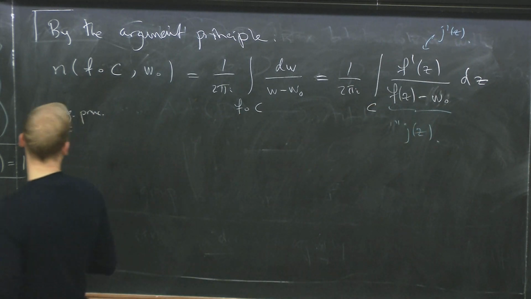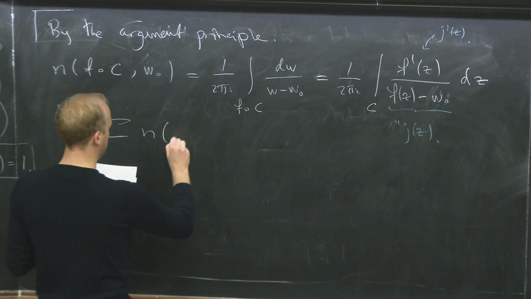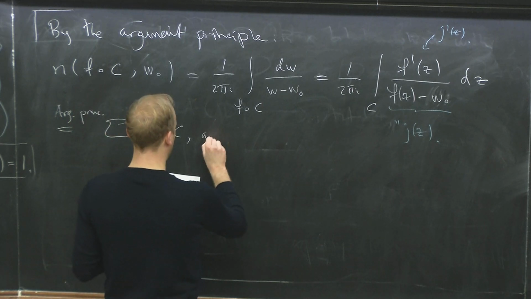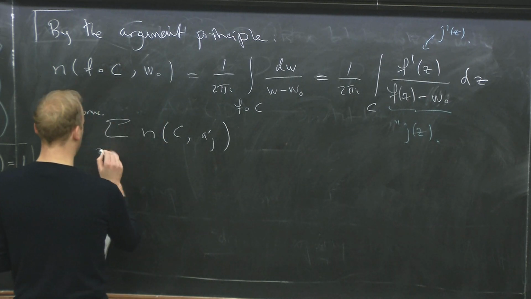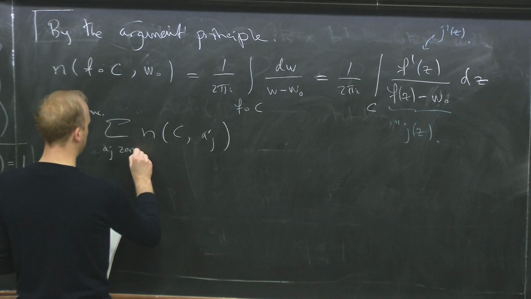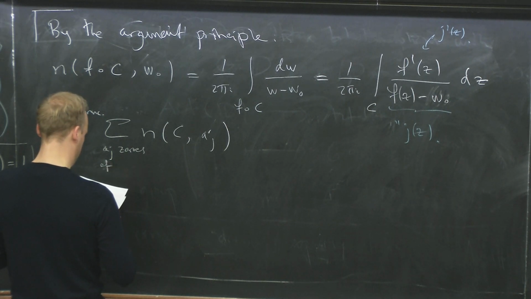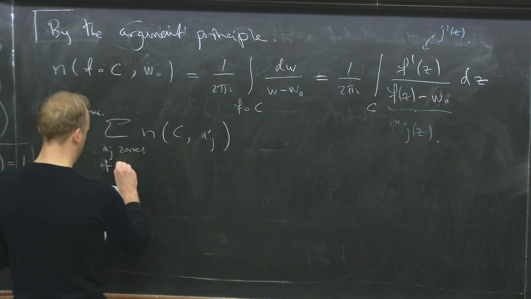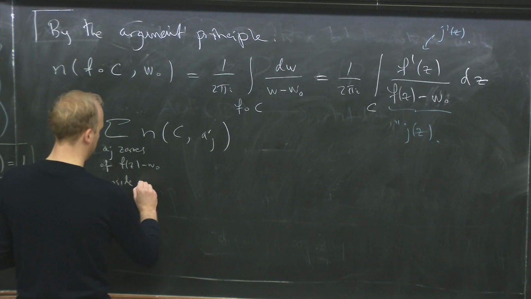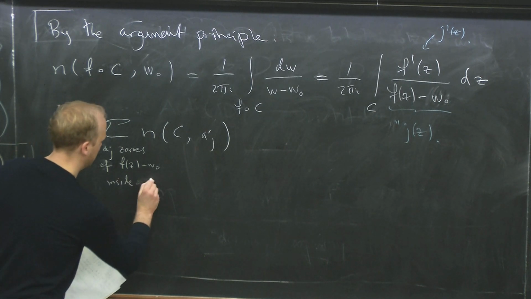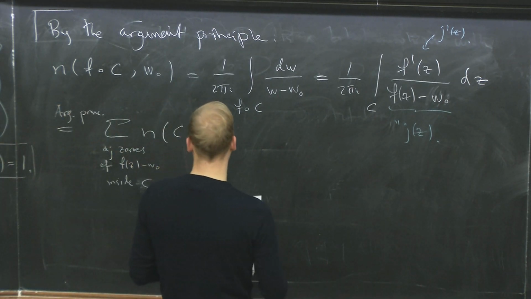So then this is just equal to, by the argument principle, n, the winding number over c of the a_j's, where the sum is taken over all the a_j zeros of f of z minus w0 inside this circle, inside this disk defined by c.